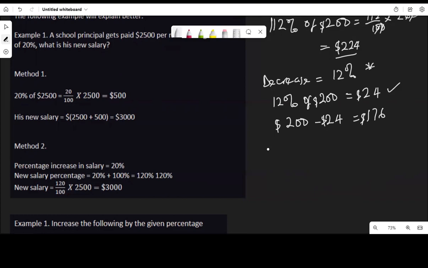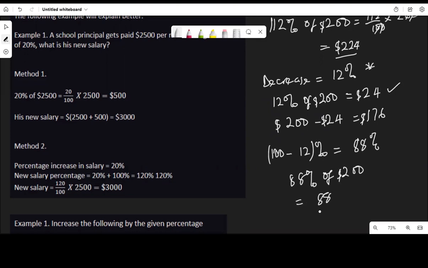Another way we can do this is to subtract these 12% because it decreased this time around. So we subtract 12% from 100%. 100 minus 12 is 88%. We then find 88% of the original price of $200. 88% of $200 will be 88 over 100 times 200. 0 will cancel 0.